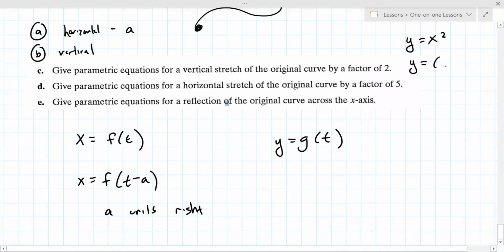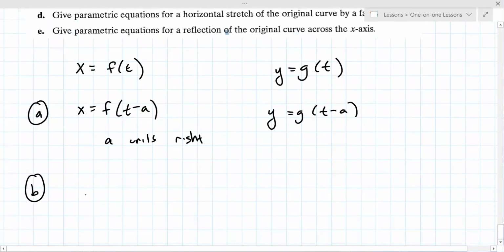If we go y equals x minus 2 squared, maybe 3, that means 3 right. Is that something that looks familiar? Same thing over here, though. Y would be g of t minus a as well. So that's part A for a horizontal shift.